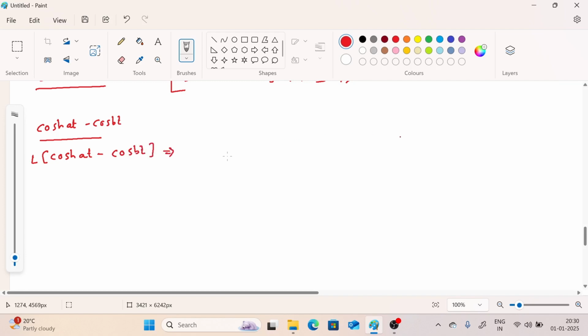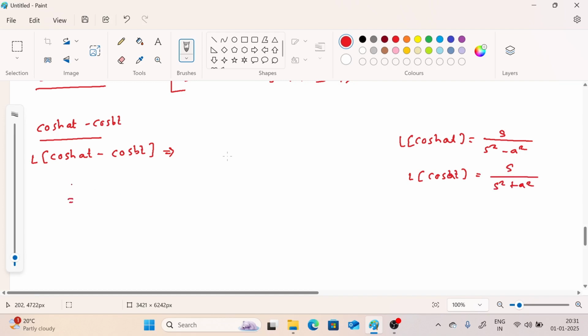Now, Laplace of cos hyperbolic at, what we have? s upon s square minus a square, right? And Laplace of cos bt is equal to s upon s square plus b square. So we will use the same formula here.